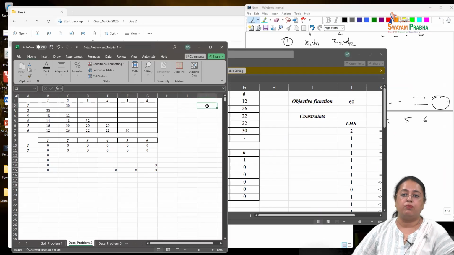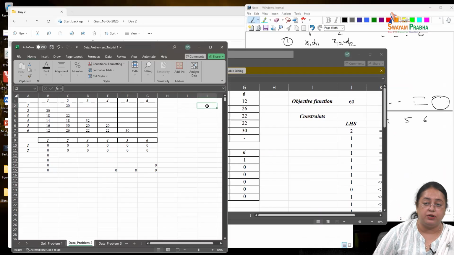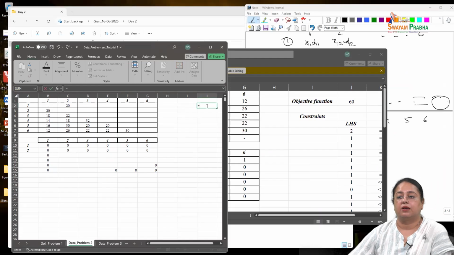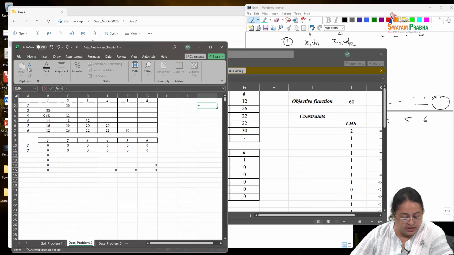But in J2 we will put equal to. Ideally, the first term is D11 multiplied by X11, plus D21 multiplied by X21, plus D31 multiplied by X31, and so on.